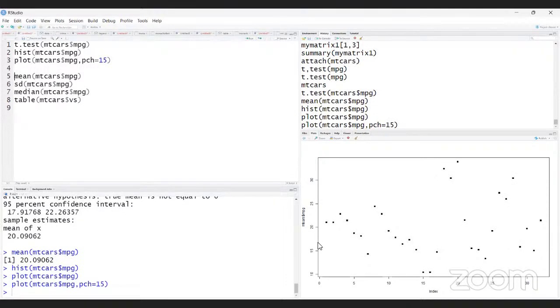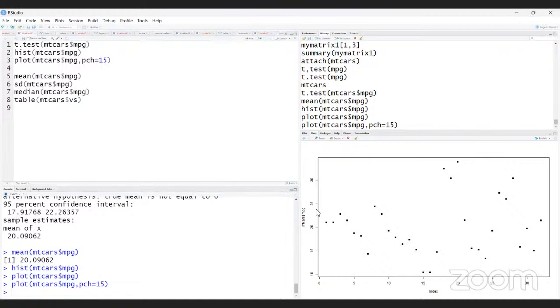Okay. So from here, we can find out the data. That is from 17.92 to 22.26. So it might fall here. So that is the data.